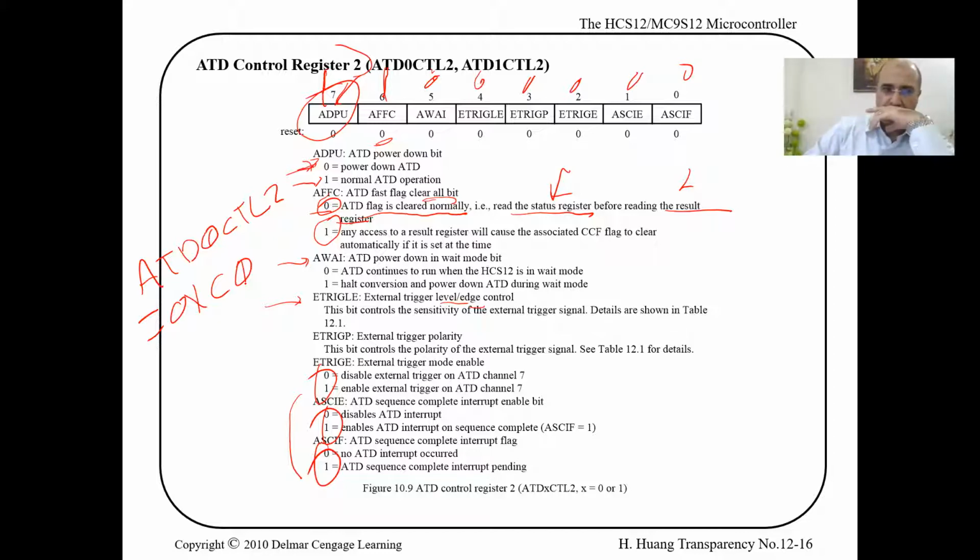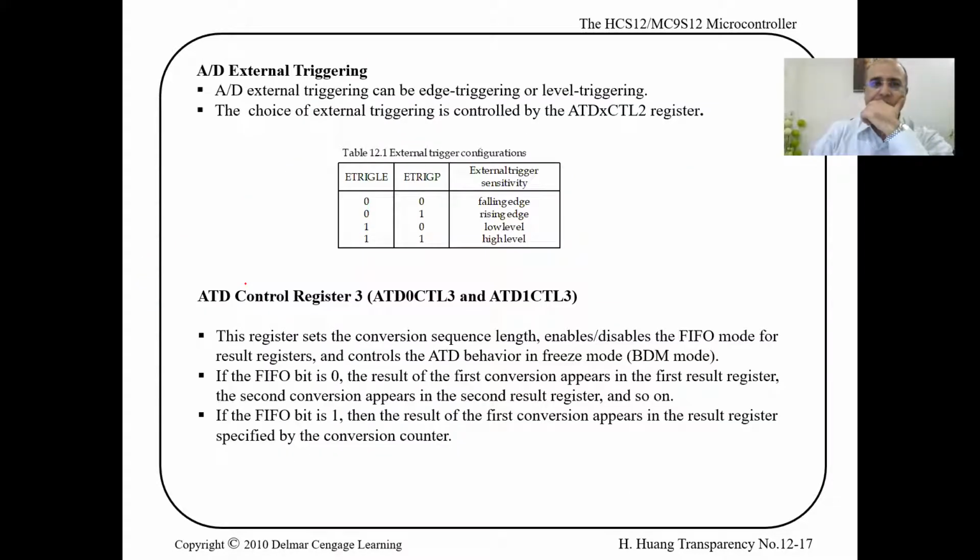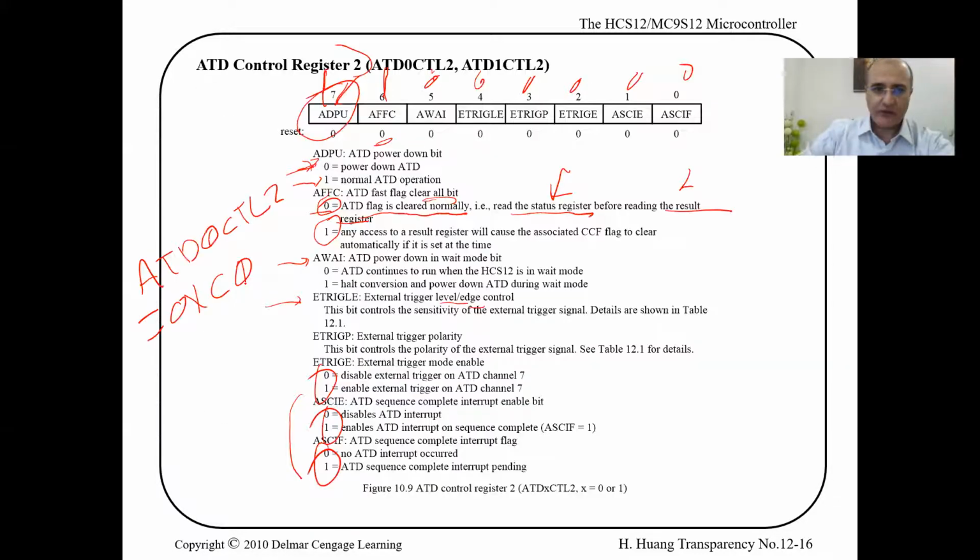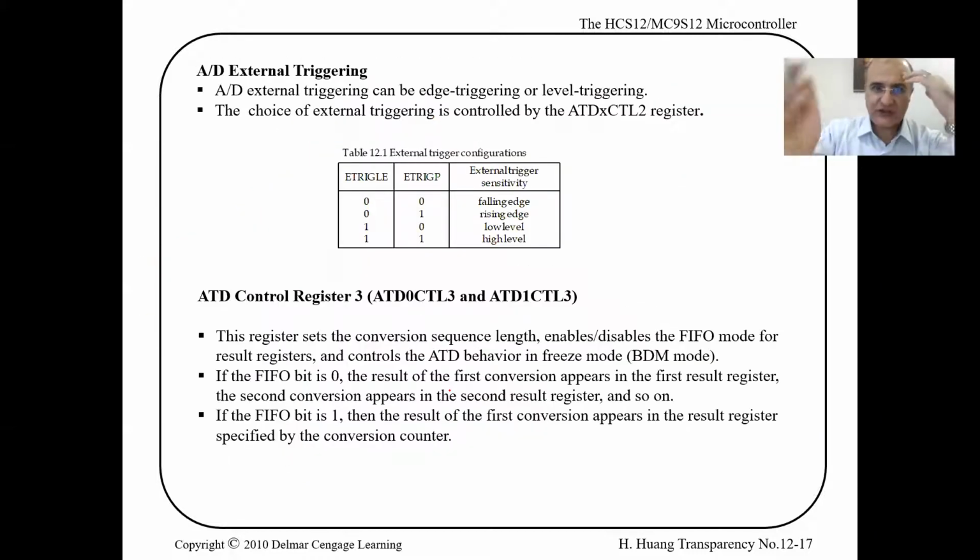Then we said if we want to choose an external trigger, what's the trigger going to be? On a falling edge, on a rising edge, on a low level, on a high level? We said this. We're not going to use a trigger. We're going to do it by software.